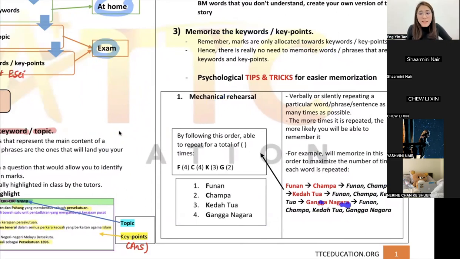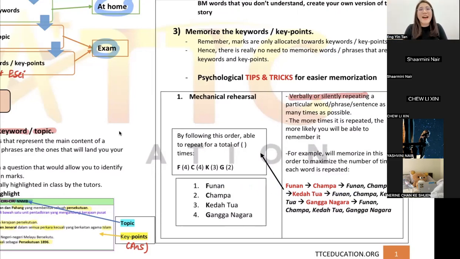This is like repeating verbally and silently the keywords, the key points. Silently means that you continue writing. So normally I do this with my Form 1, 2 students. Form 4, Form 5, I normally don't do that because it's a bit awkward. You guys are already big boys, big girls. I still ask you, come, repeat after me: Nationalism.